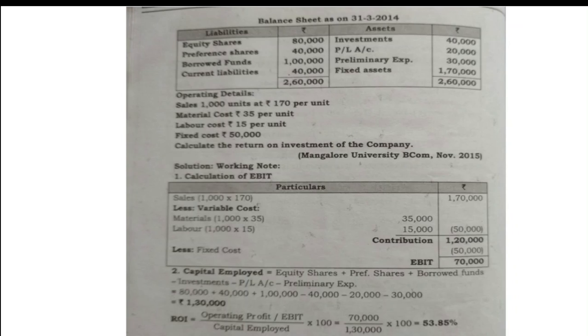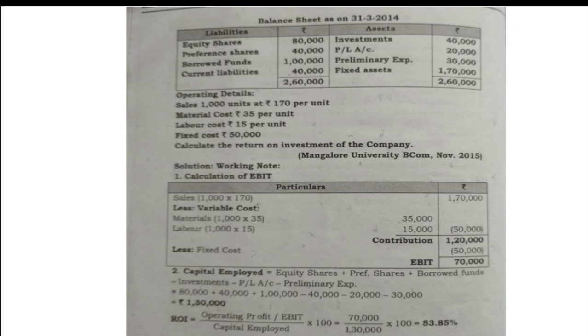They have not given how many units, so we take the total sales units multiplied by 35, that is the material cost per unit. So material cost is 1,000 into 35, 35,000.